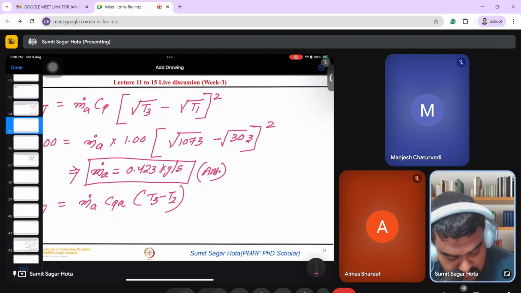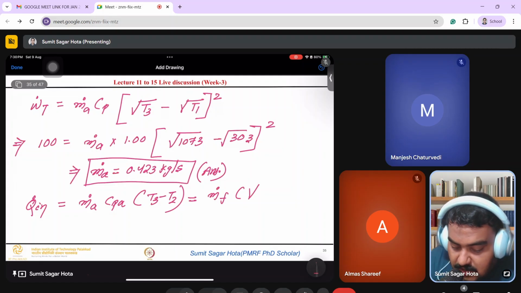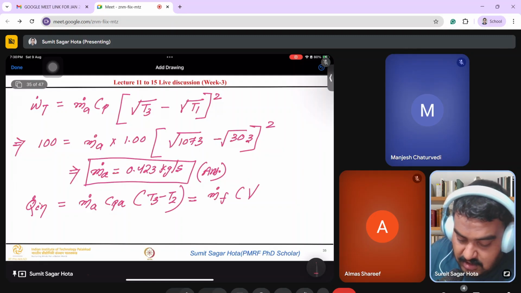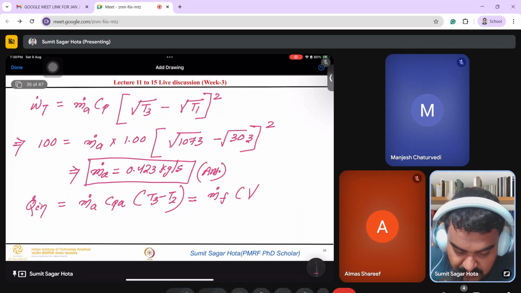Now this is very important: Q in is equal to m dot a Cp into T3 minus T2, which is also equal to m dot f into the calorific value. From this relation you can find out the m dot f if you know the calorific value of the fuel.